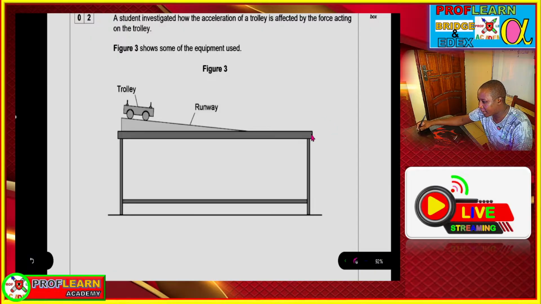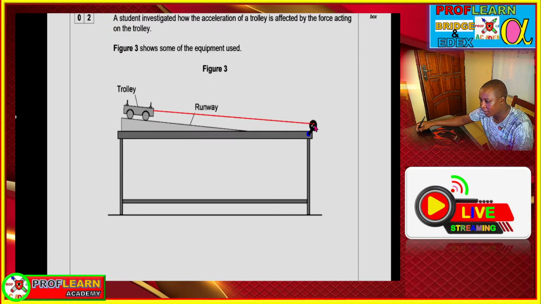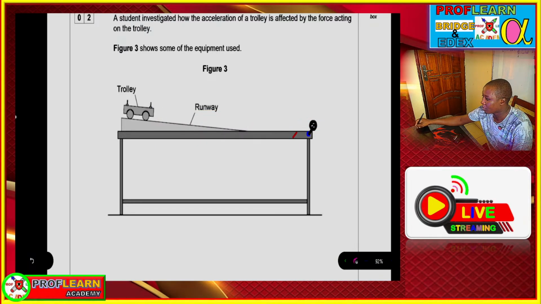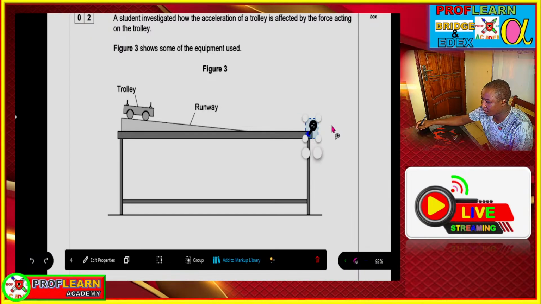So what the student needs to do is come up with a pulley somewhere here. Then we are going to have just a pulley at that given point, which is going to pull, and then we shall have a string that is going to pull this a little bit down. Let me just reduce this so that we can have this well articulated here.